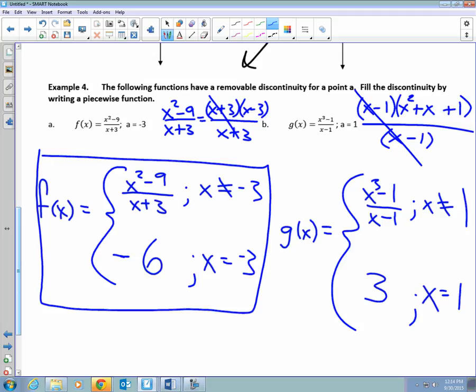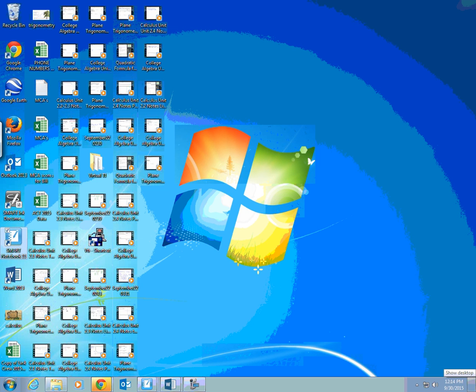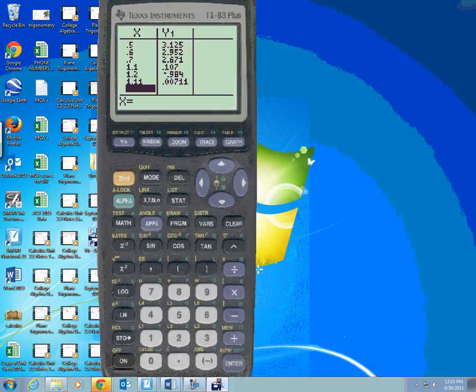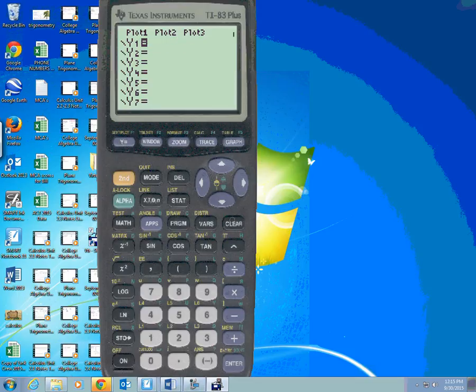How much time do we have? What time do we get out of here? Is it really? Okay, then I'll give you an assignment. I have the worksheet printed off for you. Okay, oh, there it goes. So x to the third minus 1 divided by x minus 1.